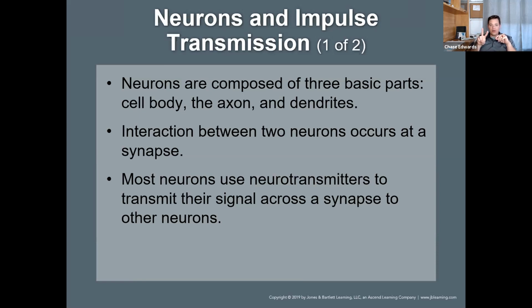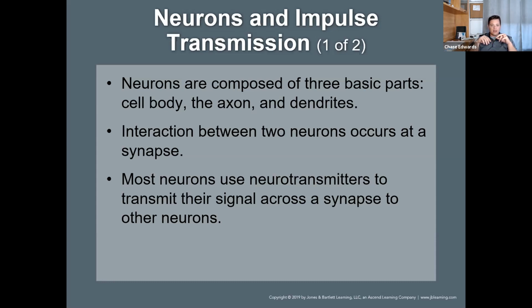Interaction between two neurons occurs at a junction known as a synapse, right? Nerve cells do not actually come in direct contact with each other ever. A synapse is present wherever a nerve cell terminates.